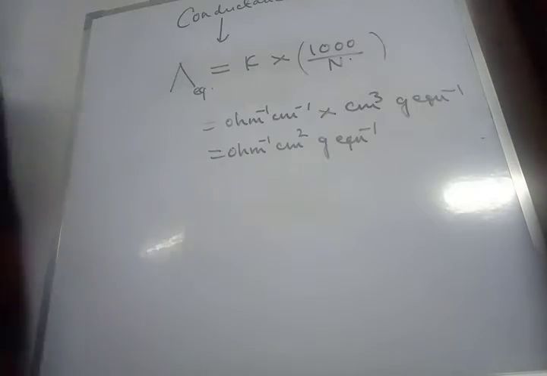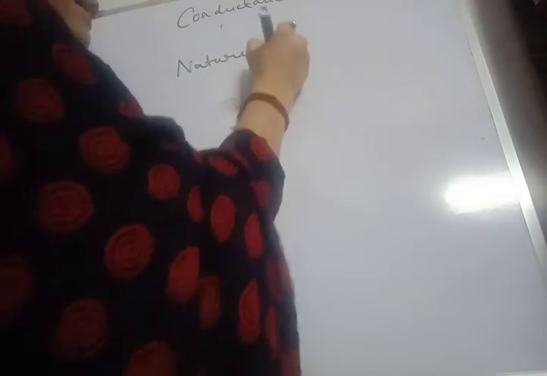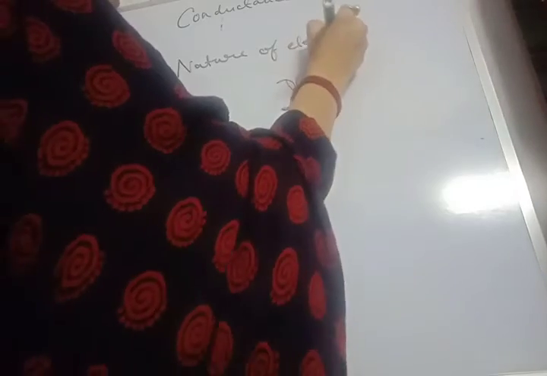Next, we come to the factors affecting conductance. First factor is the nature of the electrolyte. Now, nature of the electrolyte means what? We basically have strong and weak electrolytes. So we know that a strong electrolyte undergoes complete dissociation, producing more number of ions, while a weak electrolyte undergoes partial dissociation, producing a lesser number of ions.